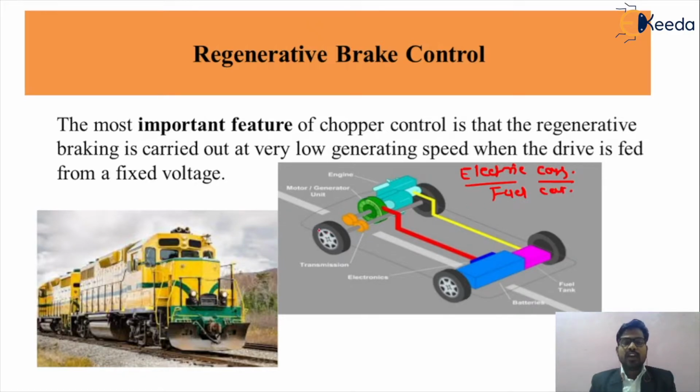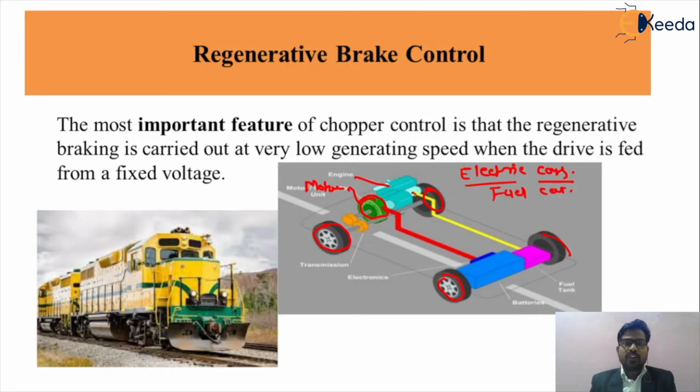In the fuel car we have seen these are the wheels of the drive. This will be the motor generator circuit. This green symbol shows the generator or motor, because in regenerative braking control this motor works as a generator. This will be the engine.